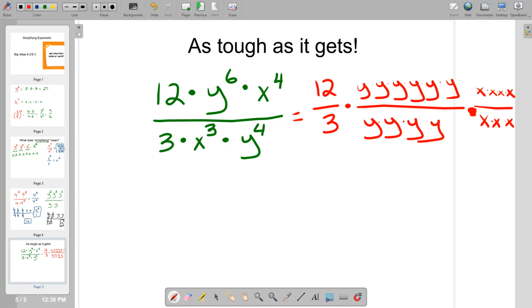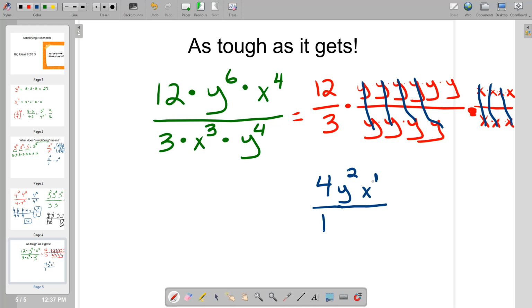Once I've written the problem out, the simplifying part is usually not too bad. So 12 divided by 3 is just 4, or 4 over 1. For the y's, I can simplify 4 y's because the top and the bottom each have 4, which leaves me with y squared on the top. X's, I can get rid of 3 x's on the top and bottom, leaving me with 1 x on the top, which I could write as x to the 1st, or just x.